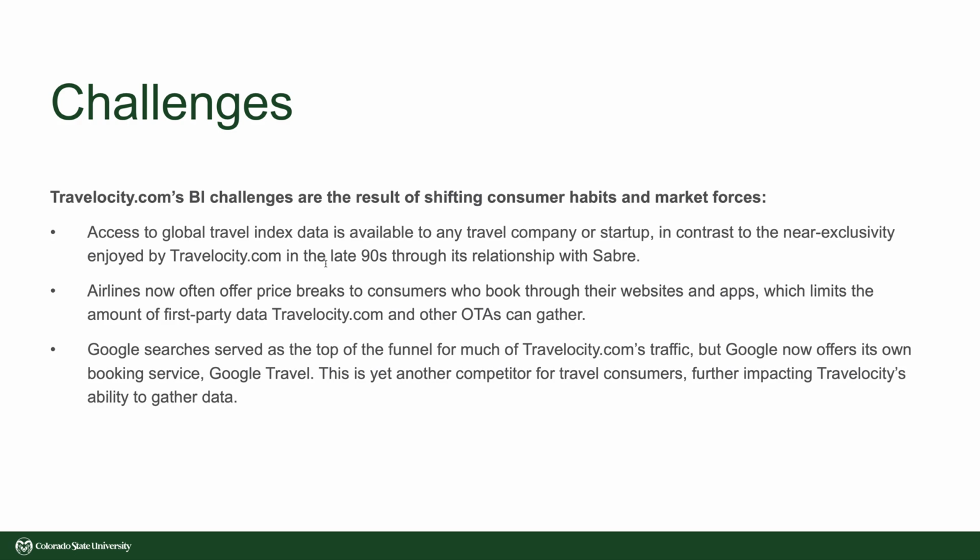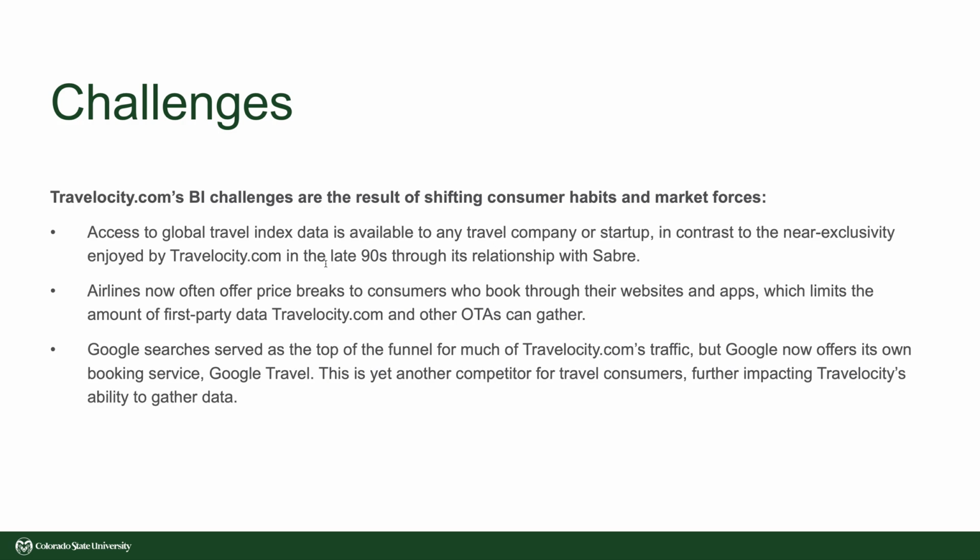All these different market force adjustments and consumer behavior adjustments add up to inhibiting Travelocity's ability to gather first-party data. And sooner or later, the predictive intelligence that it's cobbled together from years of watching consumer habits does in fact become outdated. So that data gets stale, and you're less good at providing good market basket analysis and recommendations.